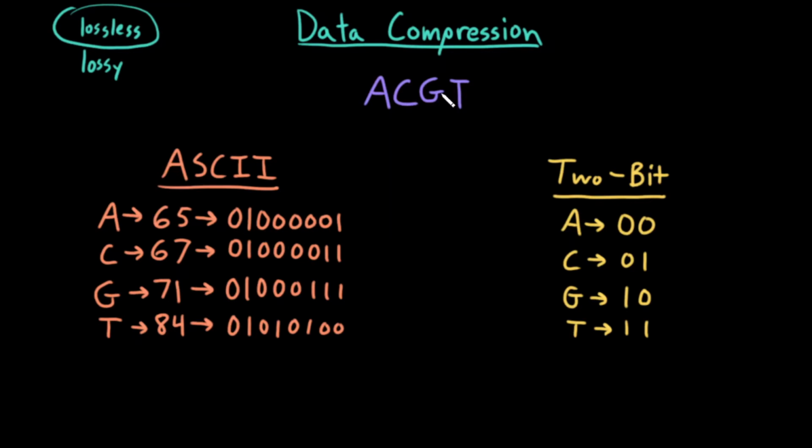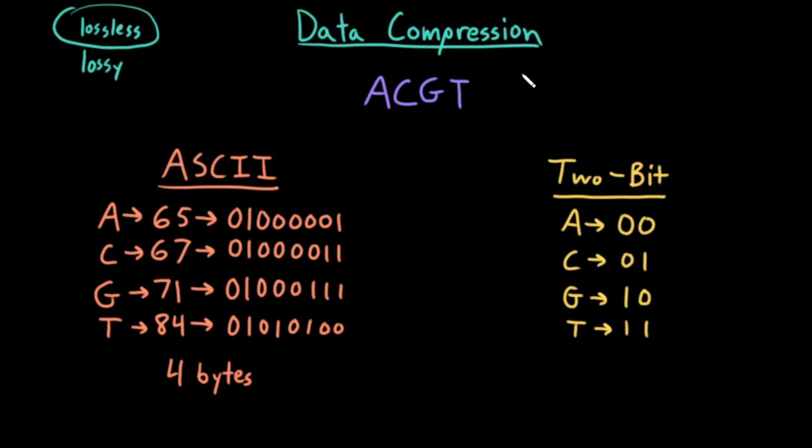Therefore, if I wanted to represent the string ACGT in this encoding, I would have 1 byte that is this byte, the next byte would be this byte, the next byte would be this byte, the next byte would be this byte. Overall, I would take 4 bytes to represent this string. Hopefully you realize that this is kind of a waste, and using our prior knowledge of entropy, we can actually measure how much information is contained within this.